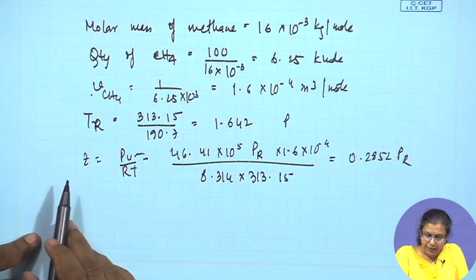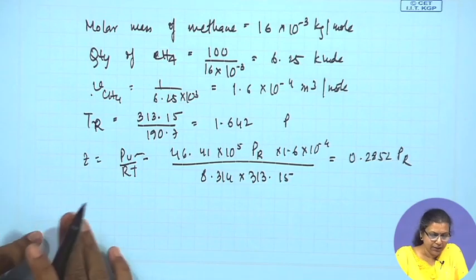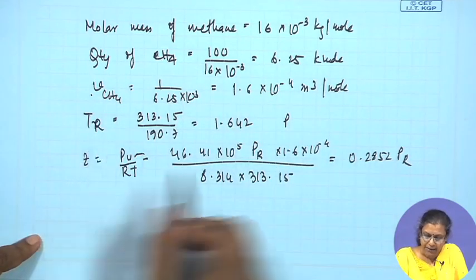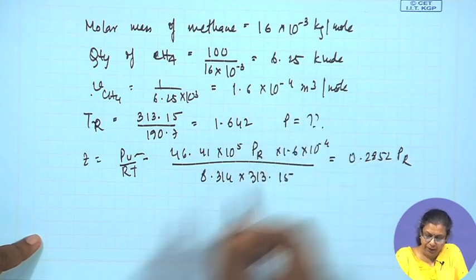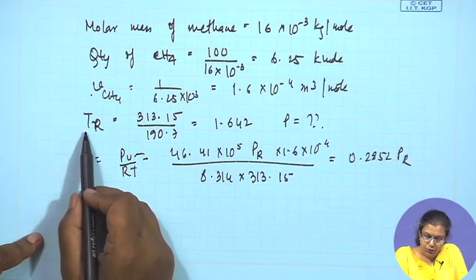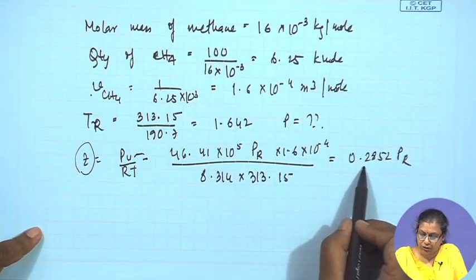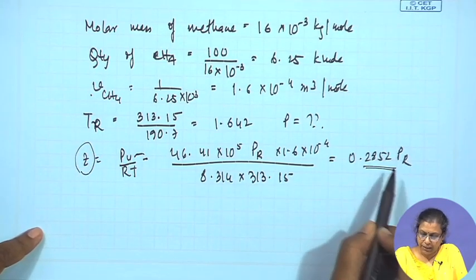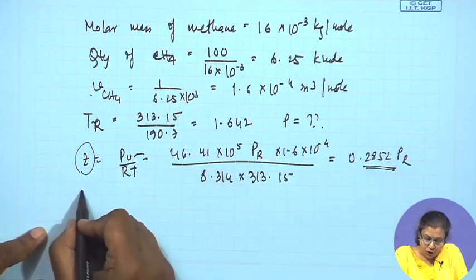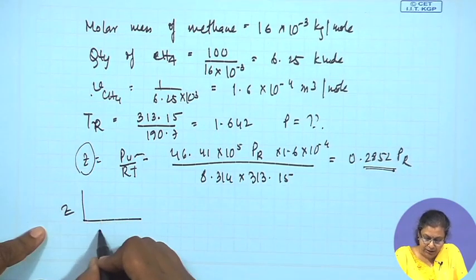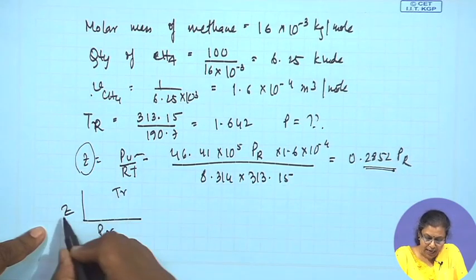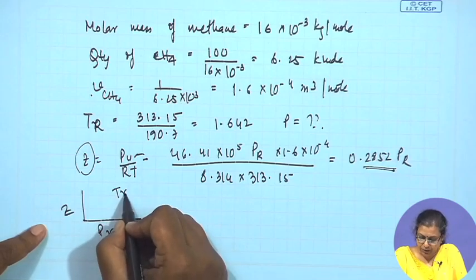So, see one thing, what are the data you have at hand? With the data you have at hand, you are supposed to find out pressure, agreed. You know Tr, you can find out Z as a function of PR, agreed. And you also have a compressibility factor chart which gives you Z as a function of PR for particular Tr.